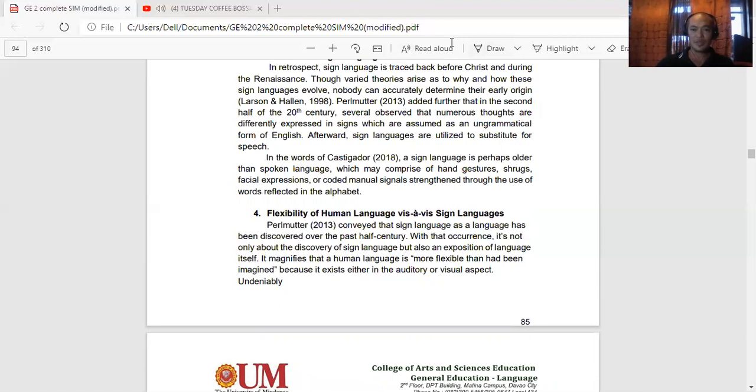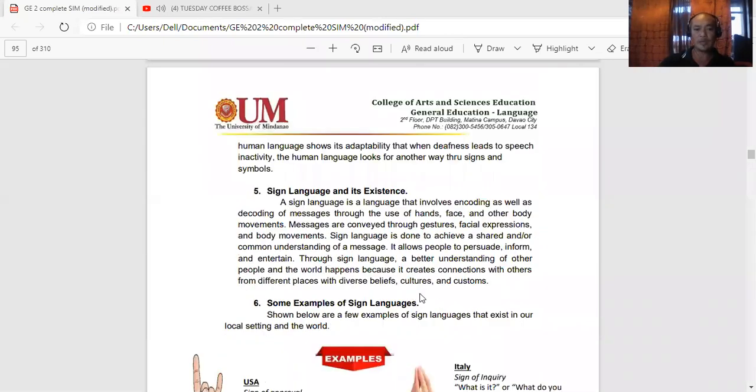So, undeniably, human language shows its adaptability that when deafness leads to speech inactivity, the human language looks for another way through signs and symbols.